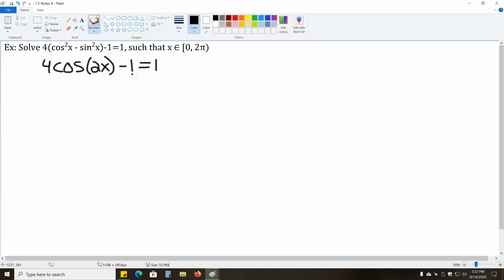And now before we begin solving for 2x, we need to set our new interval because our interval right now is just for x. So right now we have x is greater than or equal to 0, but less than 2 pi. To find 2x, we're going to multiply everything by 2, which gives us 0 is less than or equal to 2x, which is less than 4 pi.